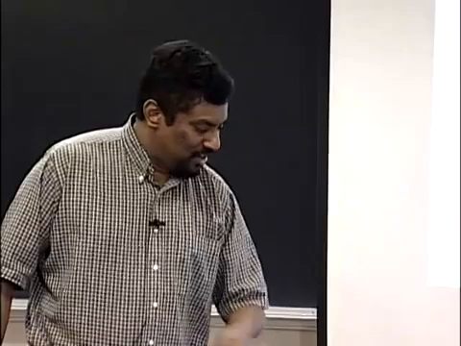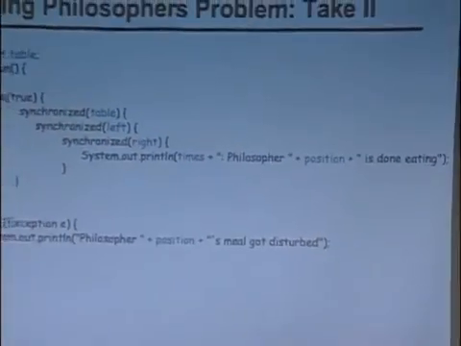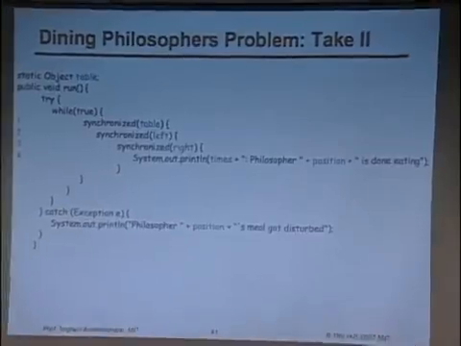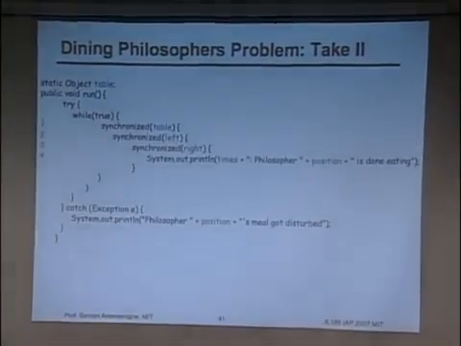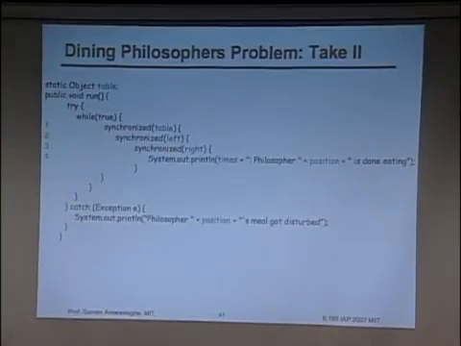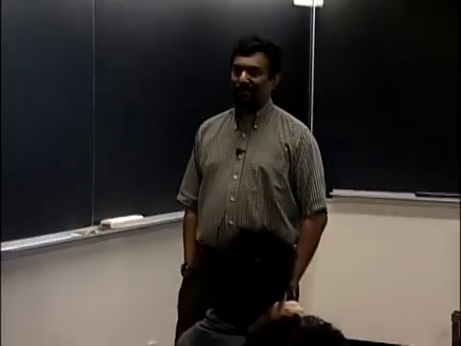So the second way to solve that is this. You say, okay, the problem is that everybody tries to pick up a chopstick. I will put in a unique object, a table, and if anybody wants to eat, they need to own the table. What will this do? It prevents two people who wouldn't normally interact from eating at the same time.